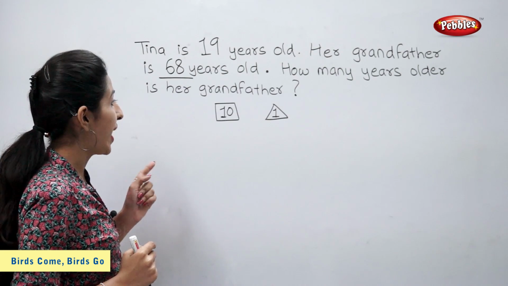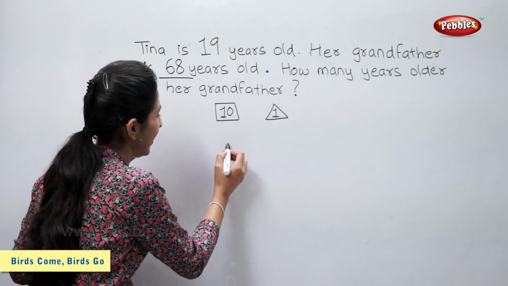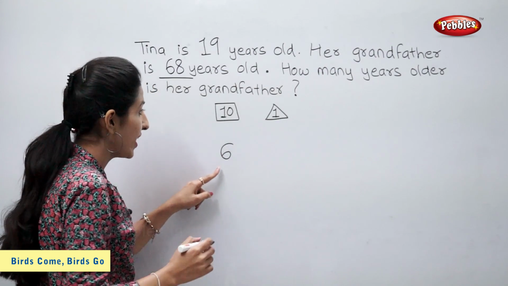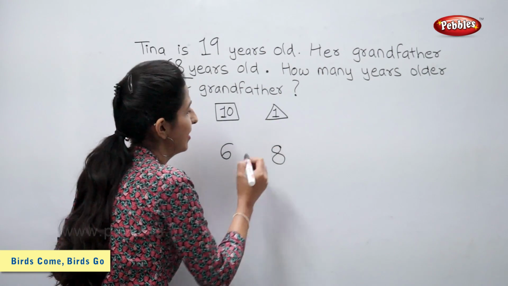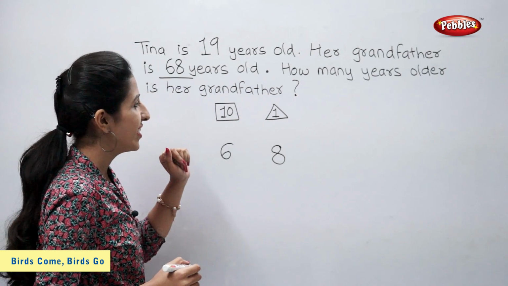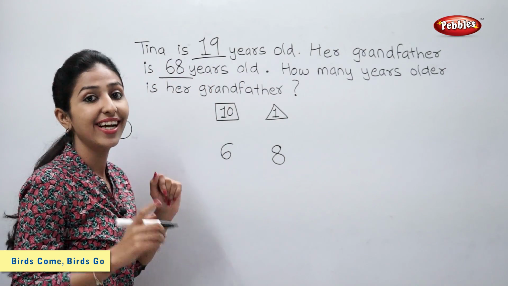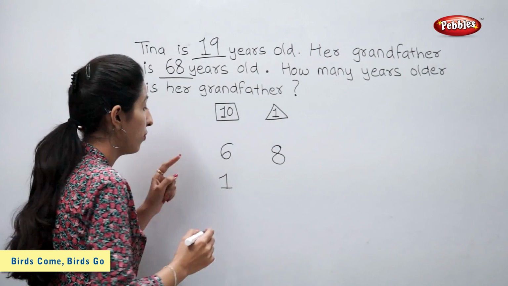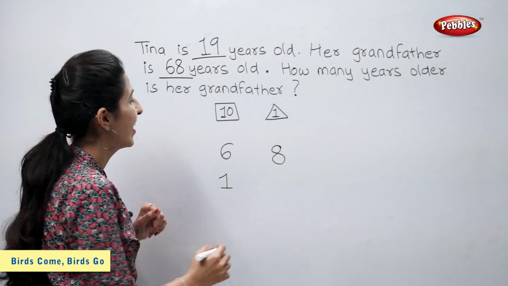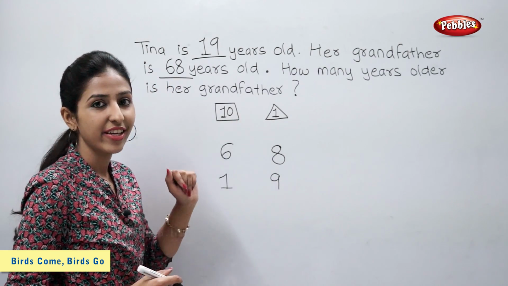So, let us write 68. 68 means 6 tens, 8 ones. 19. 19 means 1 tens, 9 ones.